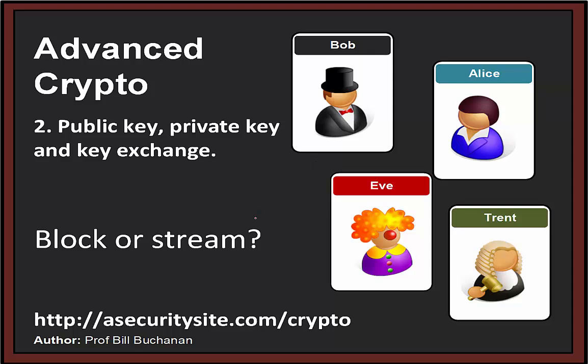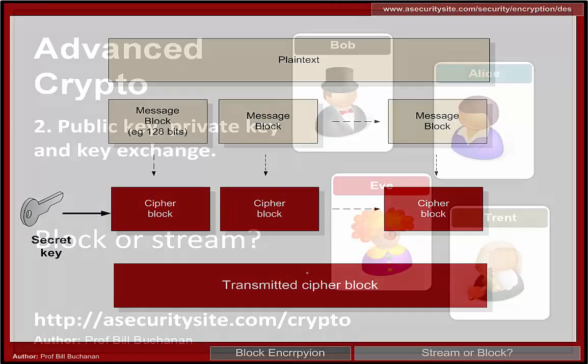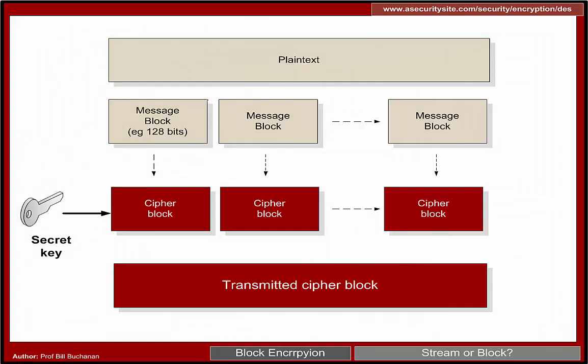One basic way to classify our encryption algorithms is whether they use block encryption or stream encryption. In terms of these, block encryption is the most popular and it's probably the most robust. With this we take our plaintext, or the data that we're going to encrypt, and we package it up into 128 bits or 256 bits at a time, and then these go into our message blocks. A key is then applied into the cipher algorithm and produces a cipher block.